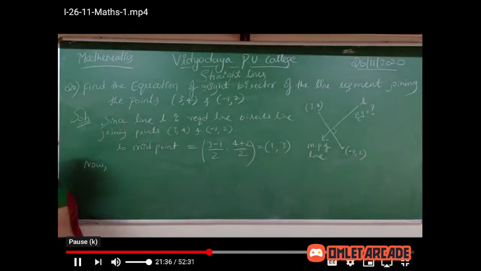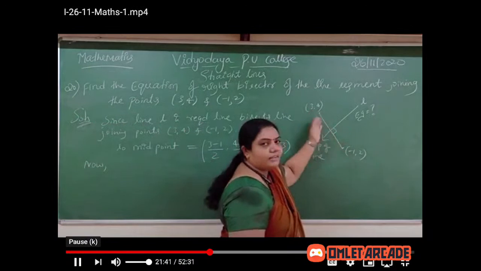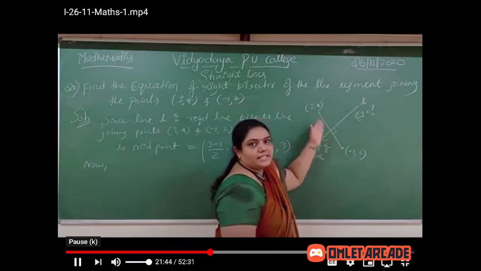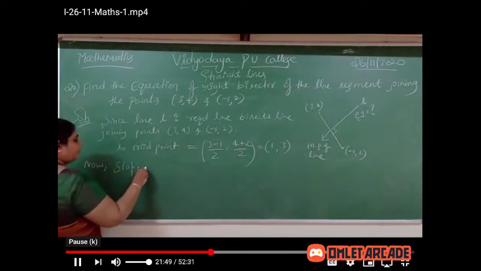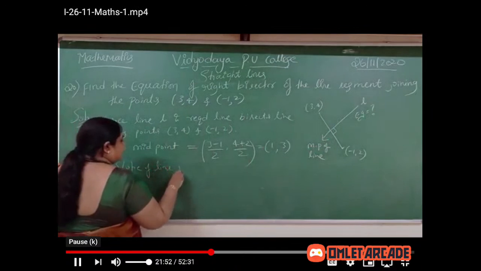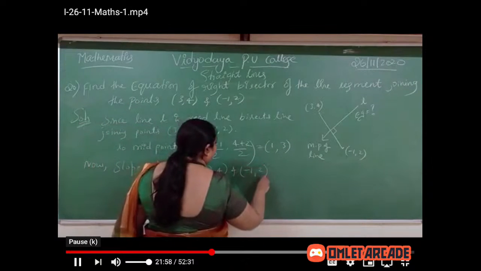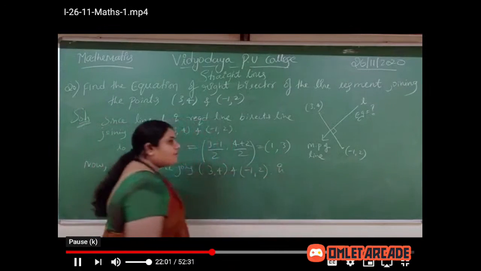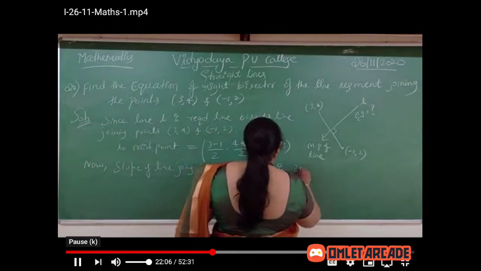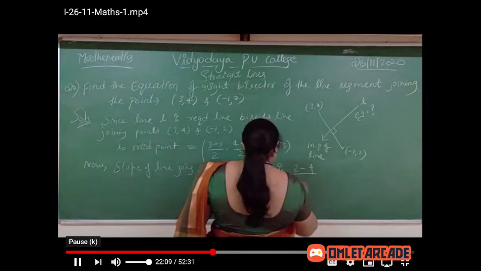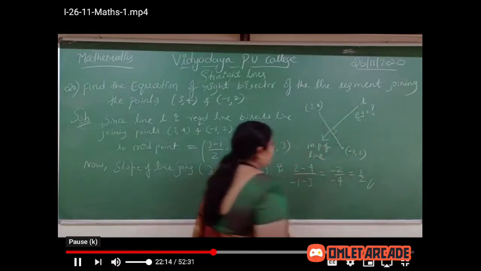Now we'll find the slope. See, can you find the slope of this line when two points are given? And if you know the slope of this line, can you find its perpendicular? So the slope of the line joining (3, 4) and (-1, 2), which formula am I using? (y2 minus y1)/(x2 minus x1). So (2 minus 4)/(-1 minus 3). So -2/-4, is it half?